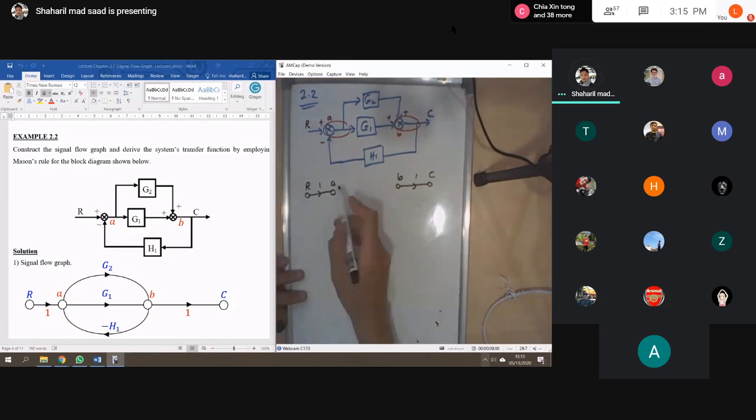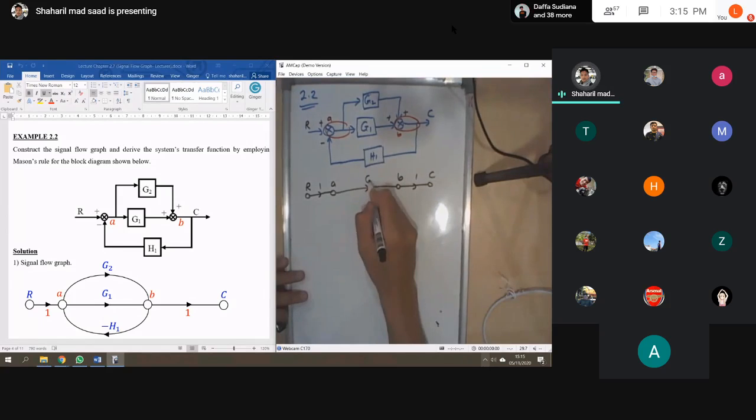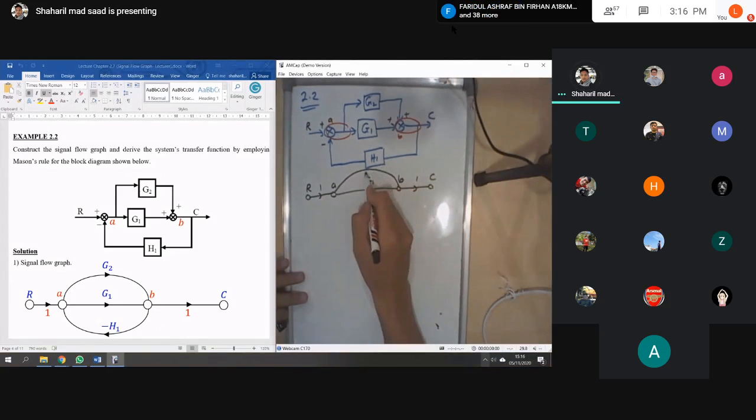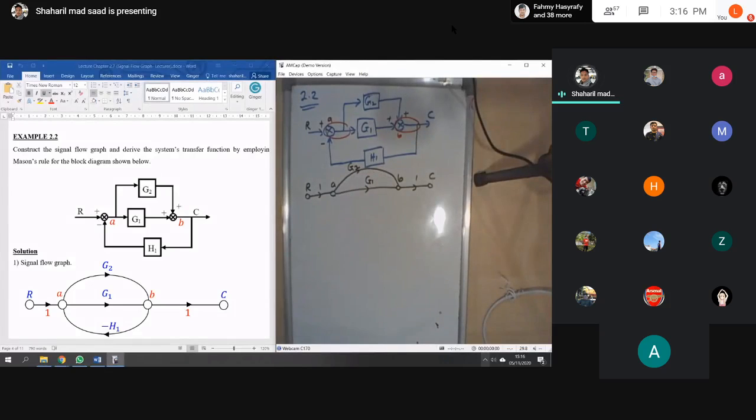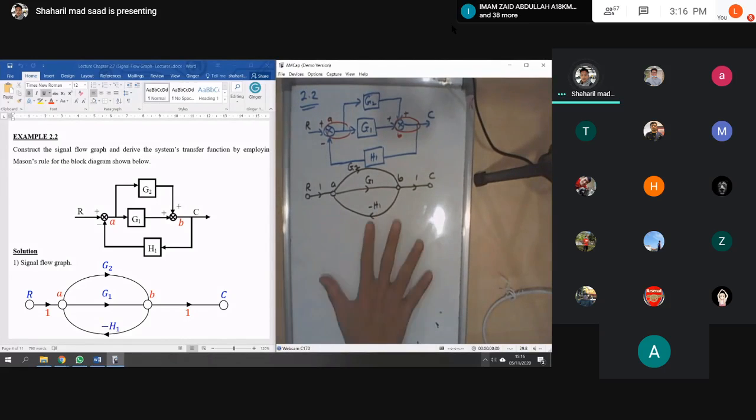Then A to B is G1, and also A to B here is G2. And also B back to A is minus H1. Okay, so you are done.